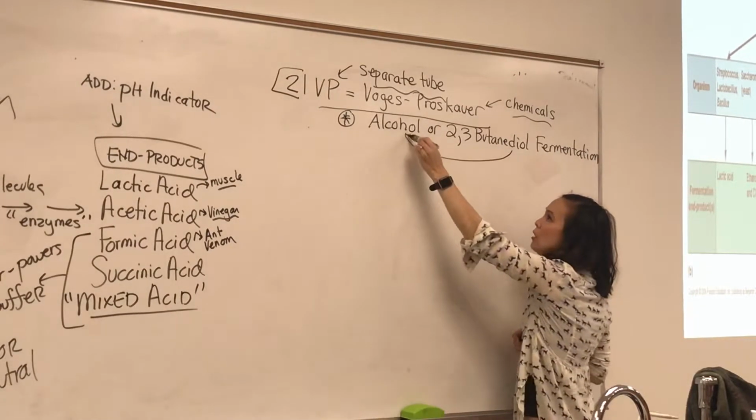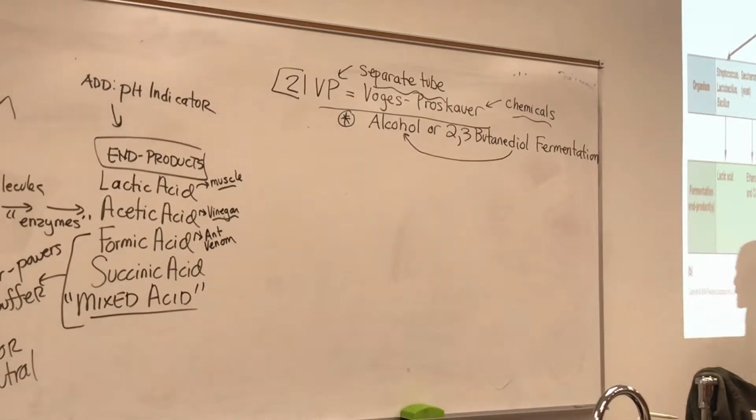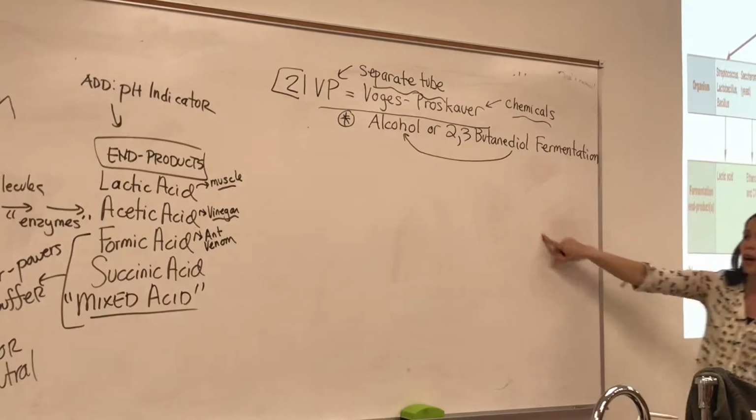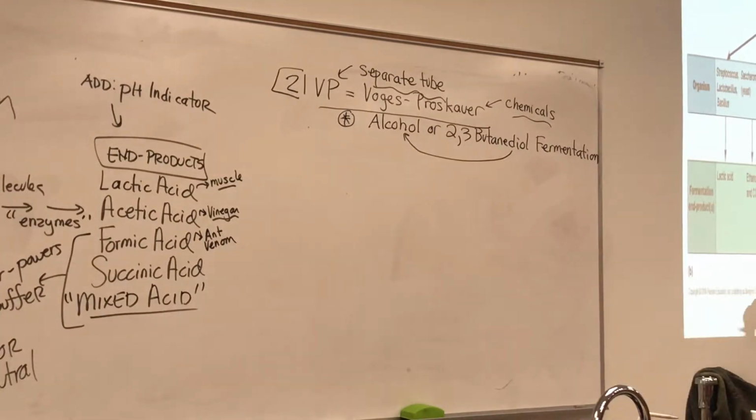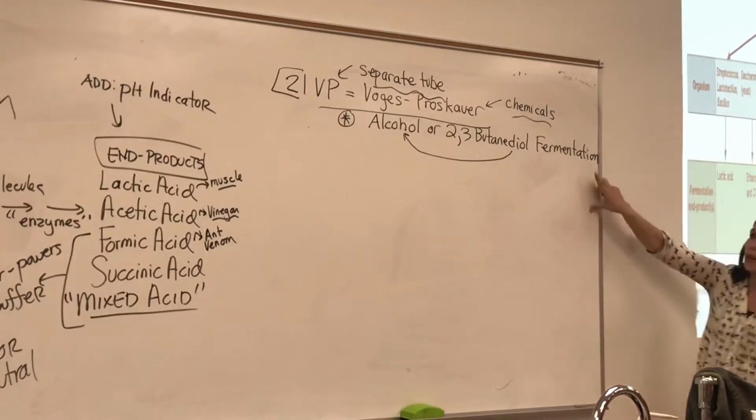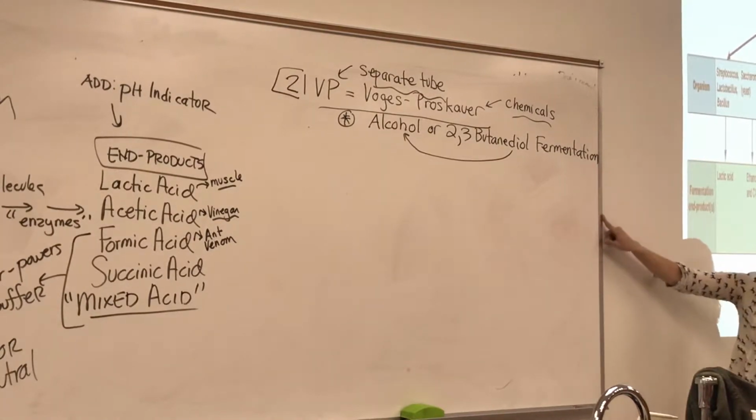Butanediol is the alcohol. That's the name of the alcohol. So it's really specific. This is the specific name of the alcohol that we're going to look for in the separate test tube. So that's really maybe the only new part to this, looking for the alcohol.